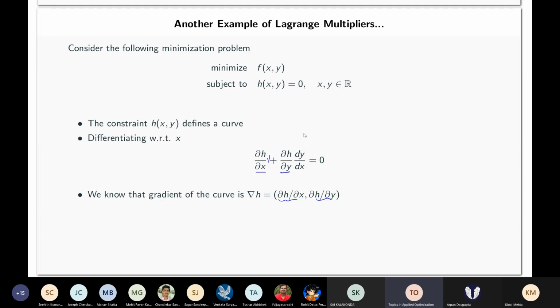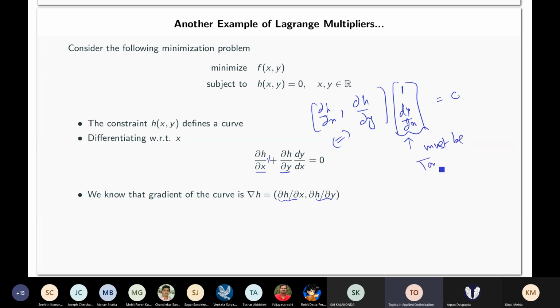I see this as a dot product of (del h by del x, del h by del y) with the other part, (1, dy by dx). If the gradient is perpendicular to a vector, that must be the tangent vector.